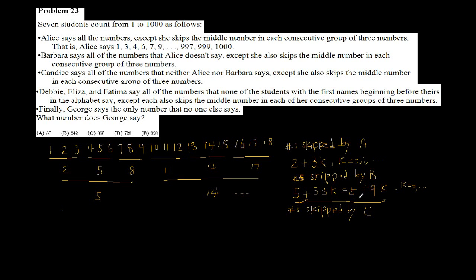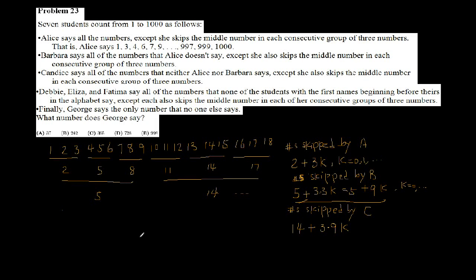So the second number skipped by B would be 14, and C will skip a number for every 27, right?